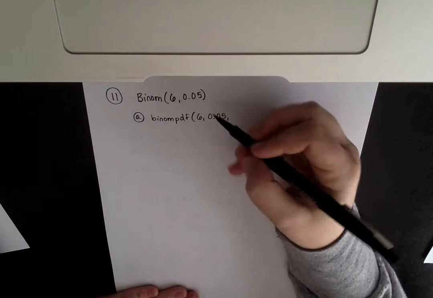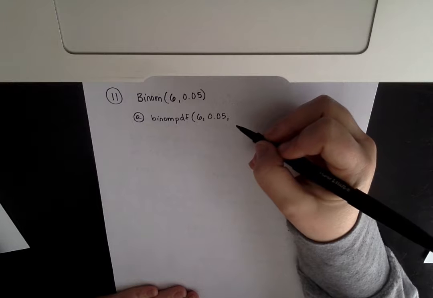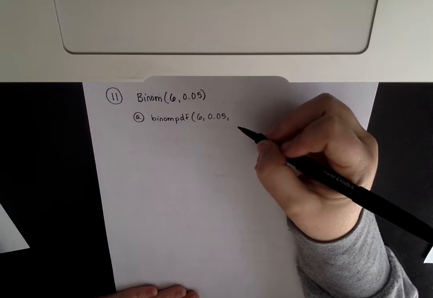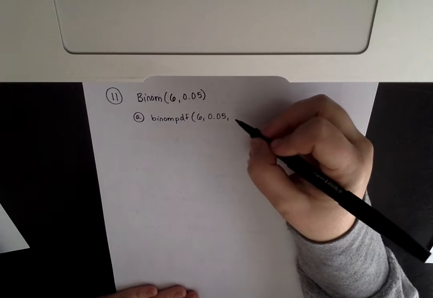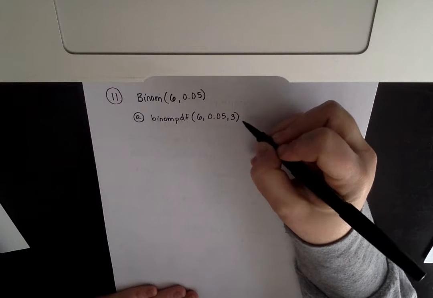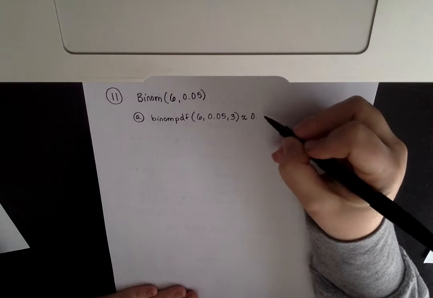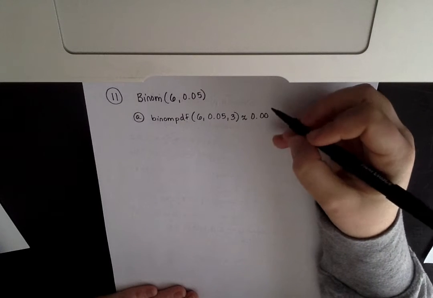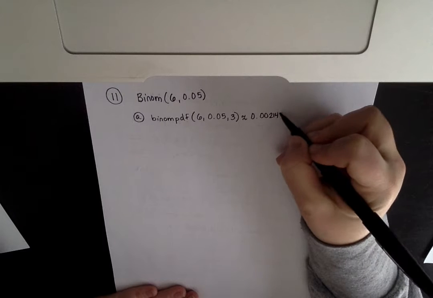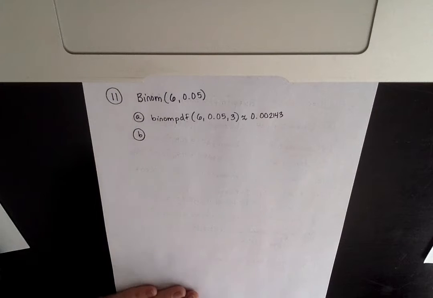Success is them failing in this scenario, so the probability of success is 0.05, excuse me, and then I want exactly 3 of them, so I'm going to use a 3 here. Now, if you go to your calculator and you do this PDF, you will get 0.002143, okay? Let's move on to B.